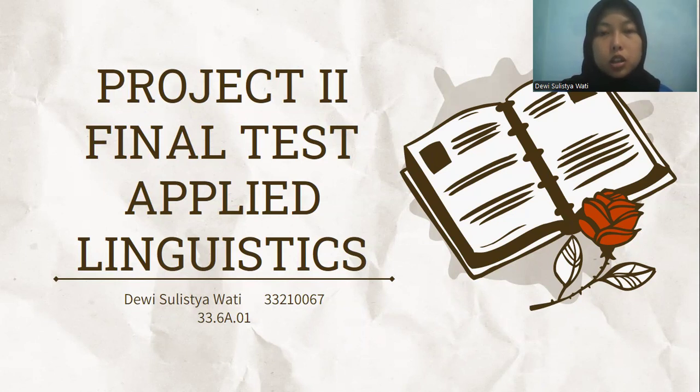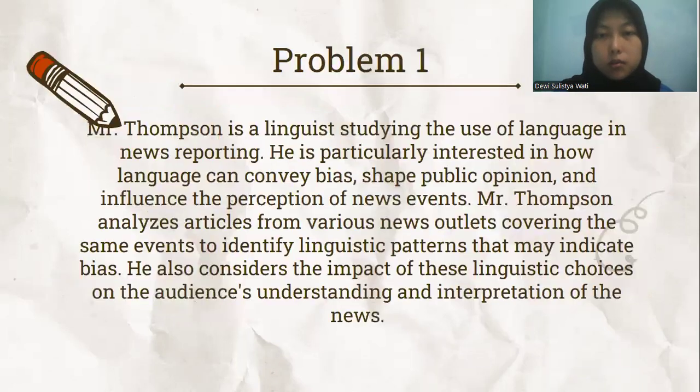For the project's instructions, solve all the case studies. Start from problem 1. Mr. Thompson is a linguist studying the use of language in news reporting. He is particularly interested in how language can convey bias, shape public opinion, and influence the perception of news events.